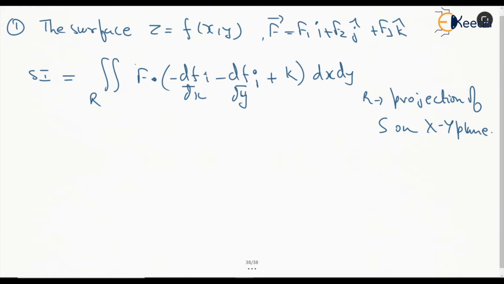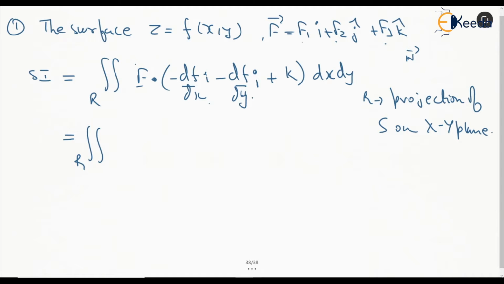This is a projection, and if you want to split it in more, this can be given as, now that we know that F is given as f1, f2 and f3, and we also have the i, j, k components of this function as the n vector, which is given here.